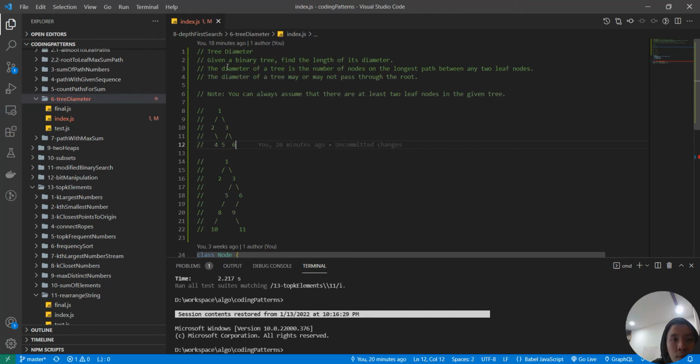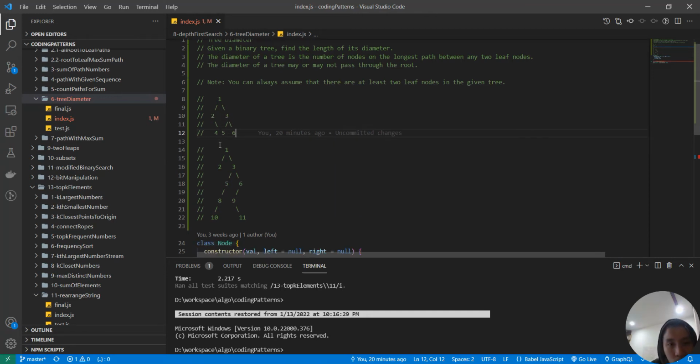So the diameter of this tree is 5, right? So it would be a path that goes through the root node, right?